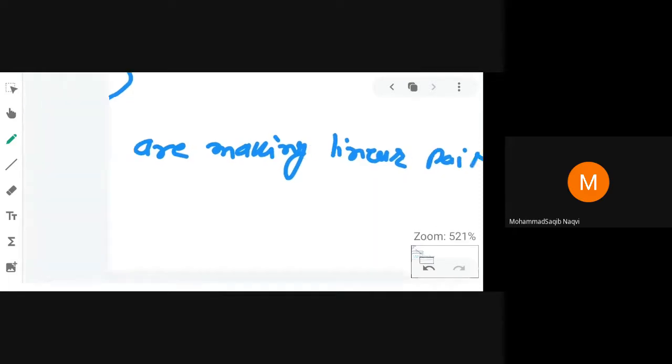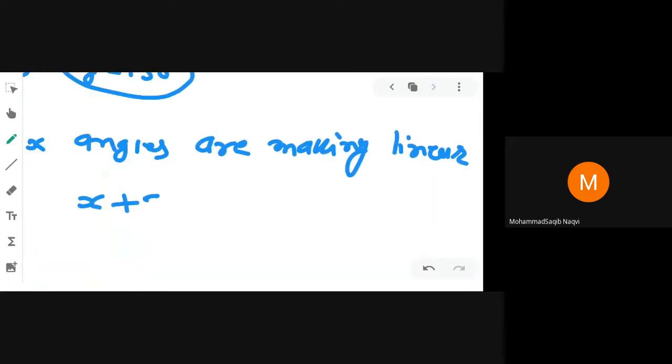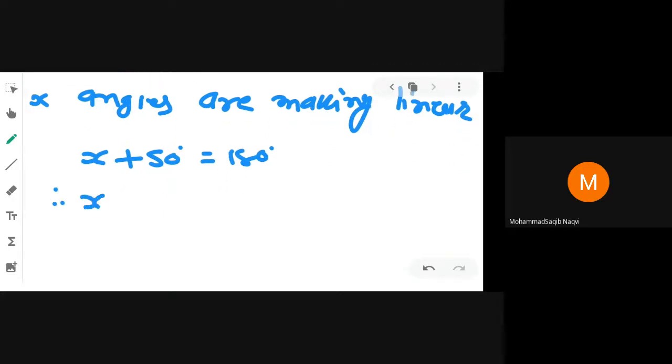So x plus 50° is equal to 180°, because if we have a linear pair, then the sum of these two angles is 180°. So what is the value of x? x is equal to 180° minus 50°, so x is equal to 130°.